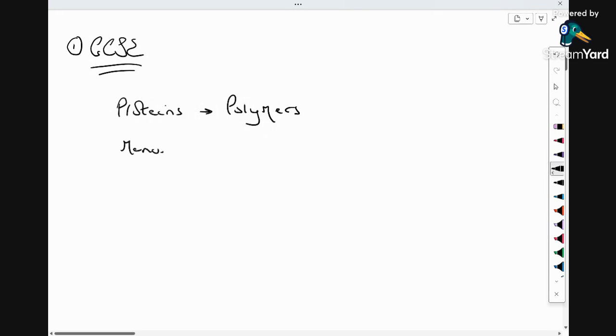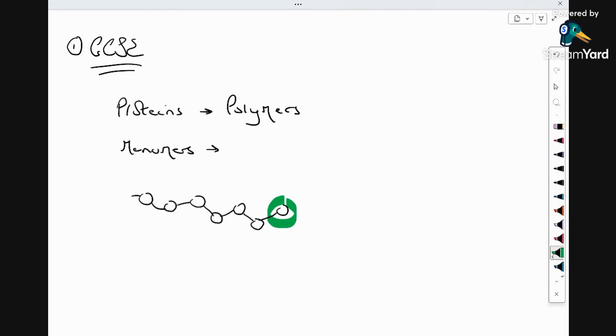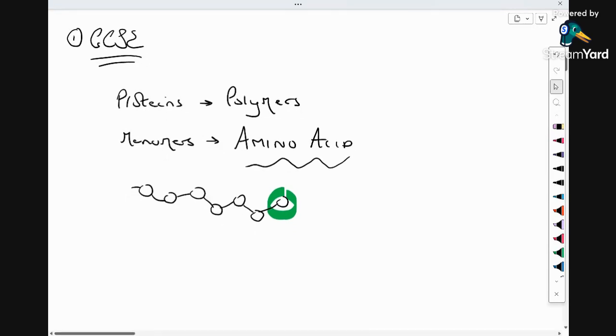And the monomers that make up proteins, if you imagine a protein as perhaps a long chain of these monomers here, these blobs, each of these individual monomers, I'm highlighting one in green here, is an amino acid. Okay, an amino acid, and we're going to look at the structure of those in a minute.